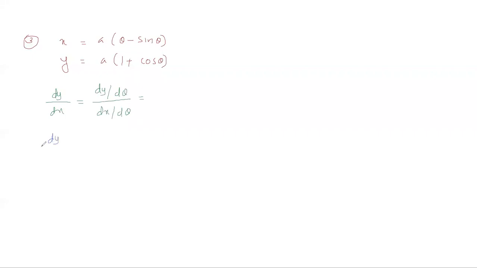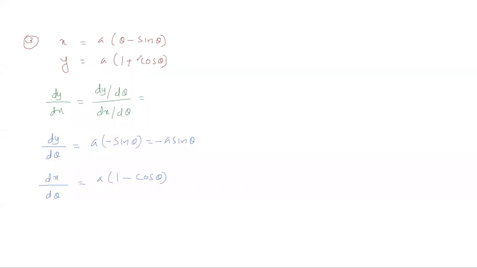So dy by d theta is equal to, a is constant, and the derivative of 1 plus cos theta: derivative of 1 is 0, plus derivative of cos theta is minus sine theta. So it is minus a sine theta. Dx by d theta is equal to a constant, bracket, derivative of theta with respect to theta is 1, minus derivative of sine theta is cos theta.